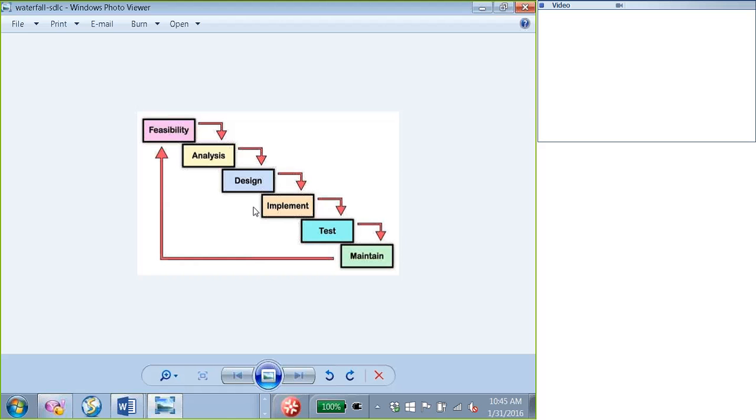But the disadvantage is that you cannot undo what you have already done. That is one of the limitations of this process. Deadlines can be hit no matter whether it is Waterfall or any model, but the limitation is that you cannot go back and forth. You cannot change or undo what you have done.